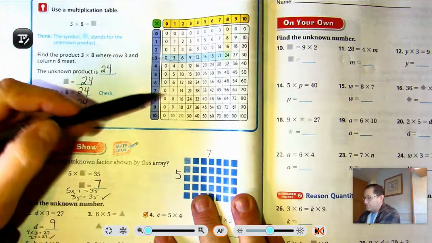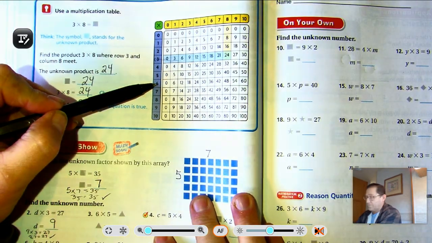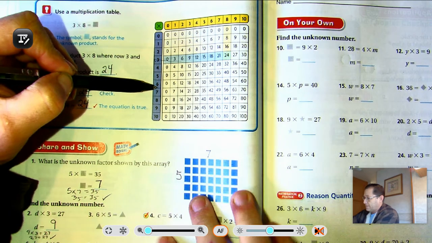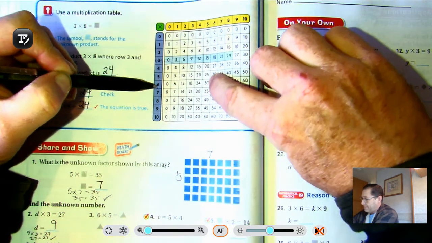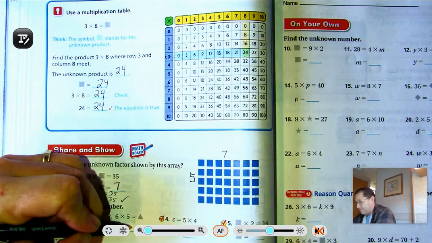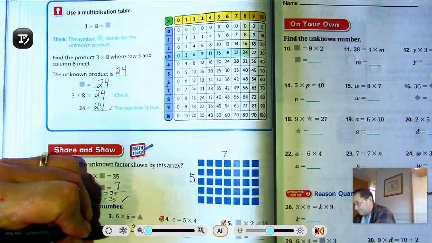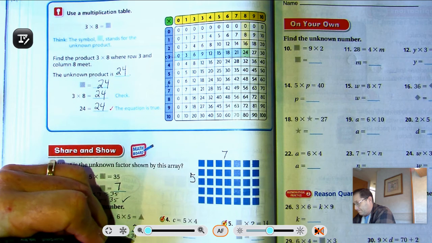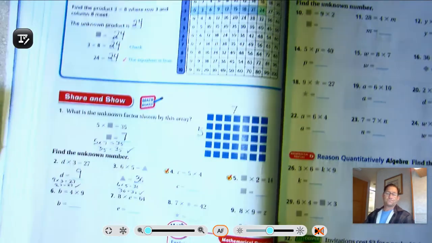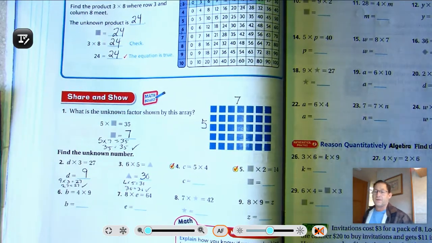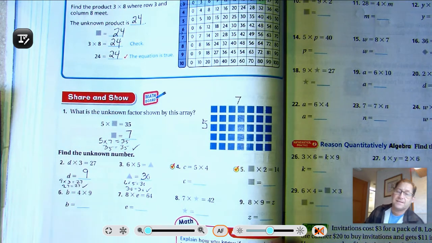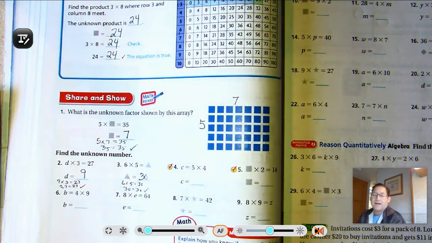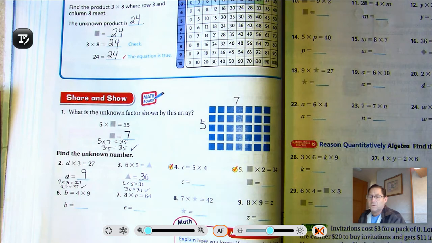I could use the multiplication table, 6 rows of 5, and it meets at 30. So in this type of lesson you start to realize how important it is really just to know our multiplication facts.